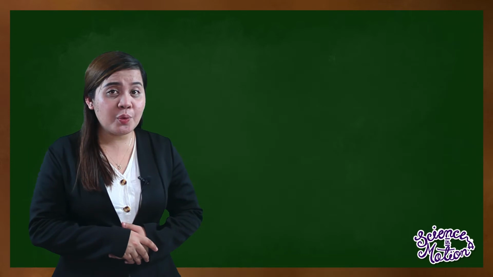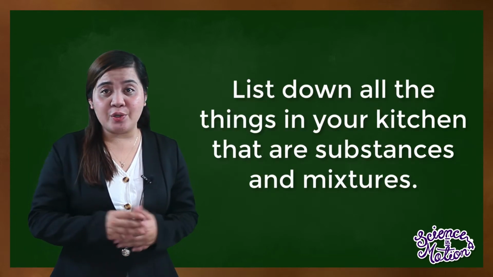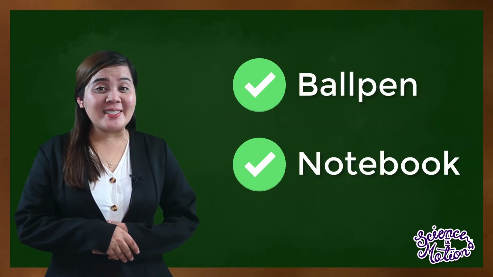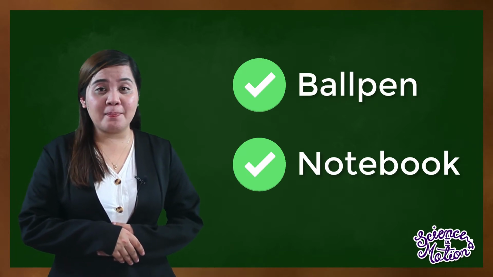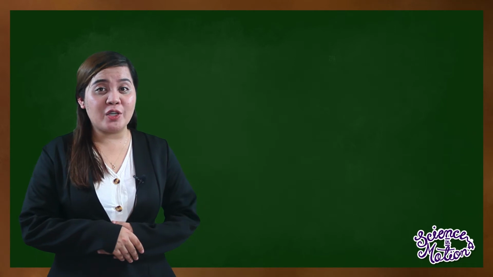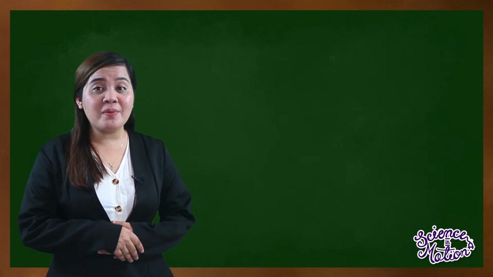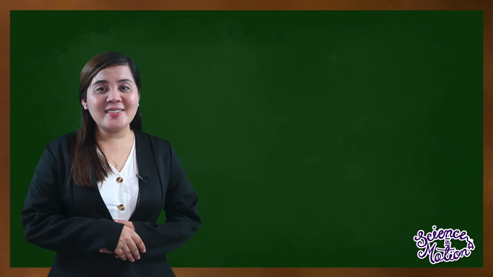I want you to list down all the things in your kitchen that you think are substances and mixtures. Ready with your pens and notebook? And when you're ready, you can pause this video, and when you are done listing all the things that you found in your kitchen, then you can resume this video. Ready, set, start!